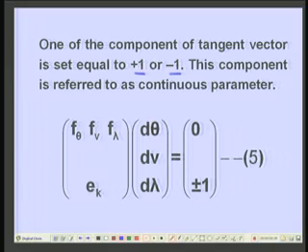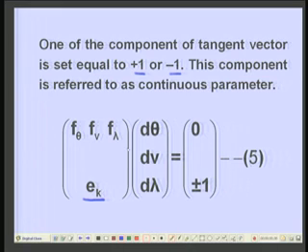Therefore, the approach is that first we add a row vector E_k to the set of differential equations, that is, to this Jacobian matrix. In this vector E_k, except for the kth element, all other elements are 0. Our interest is that we want to make one of the components of the tangent vector equal to plus 1 or minus 1.